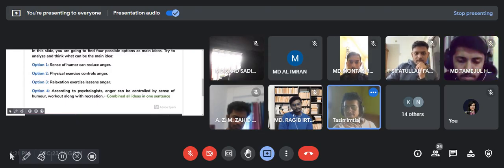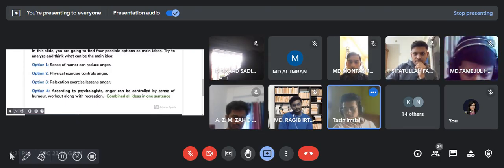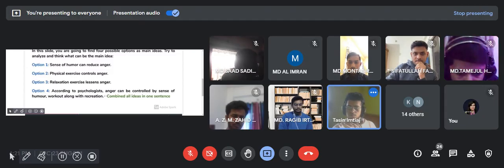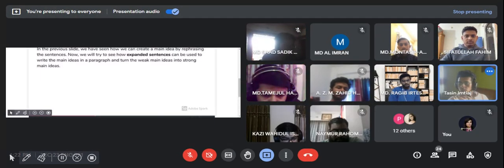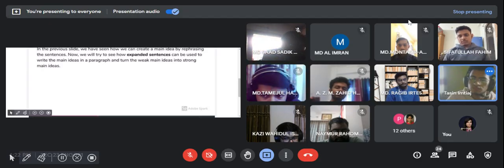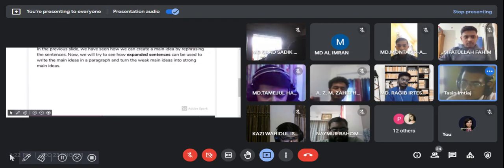At the same time, observe how the main idea has been rephrased as it is required to always write the main idea in own words. So far, we have discussed on how to write the main ideas by rephrasing. Now we will see how expanded sentences can be used to write the main ideas in a paragraph effectively and turn the weak main ideas into strong ones. Let's have a look at some examples.